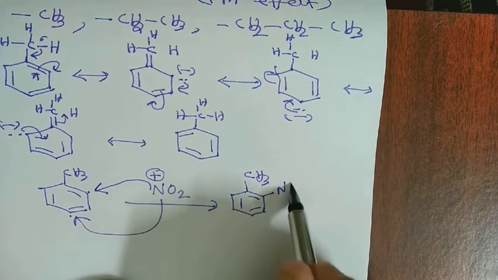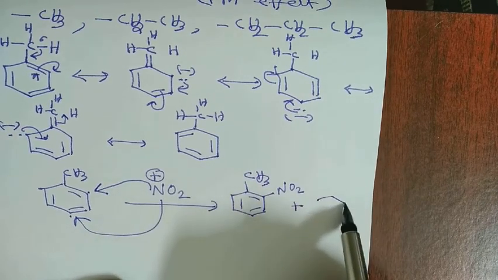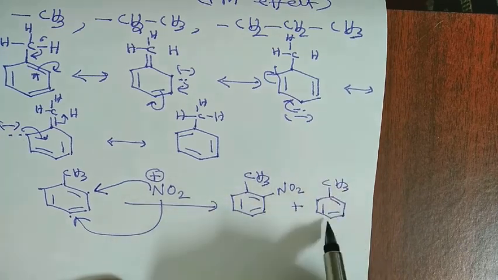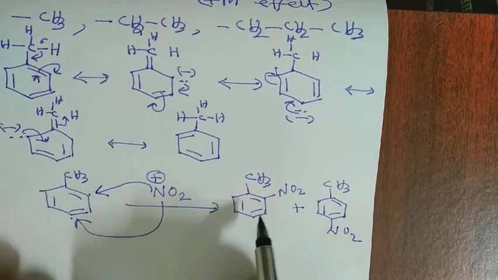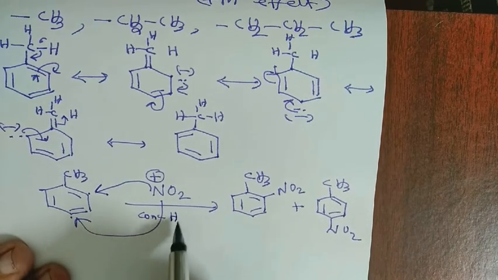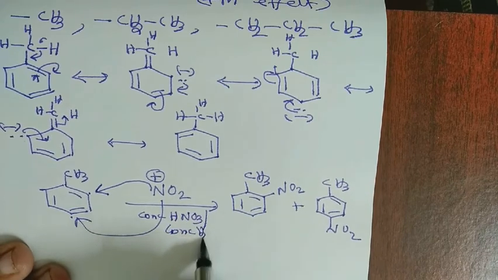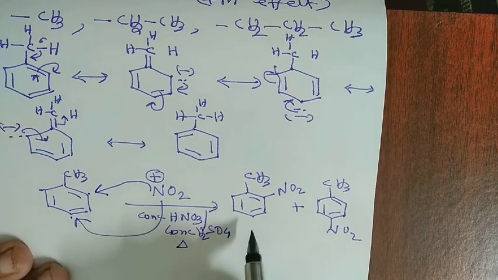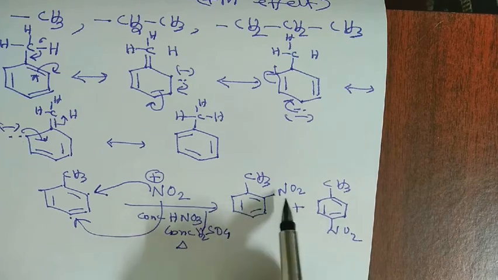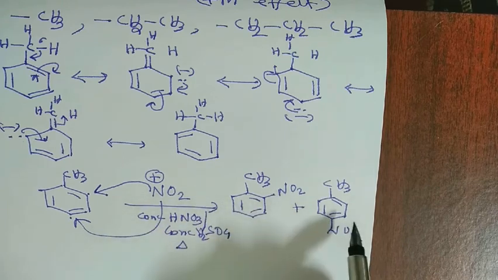That is, a mixture of ortho-nitrotoluene and para-nitrotoluene are obtained. When toluene is subjected to nitration, that is on heating with concentrated nitric acid and concentrated sulfuric acid mixture, the product obtained is a mixture of ortho and para nitrotoluene.